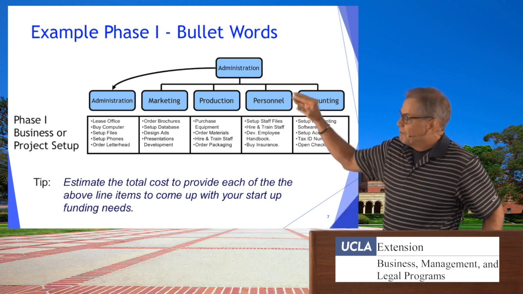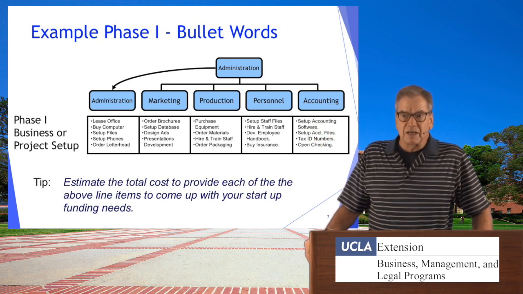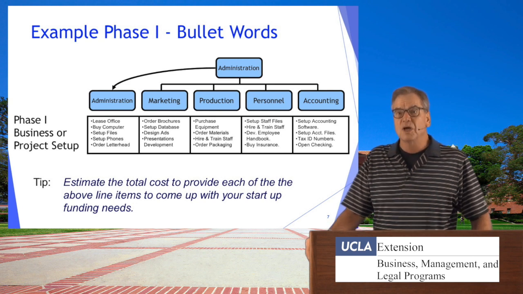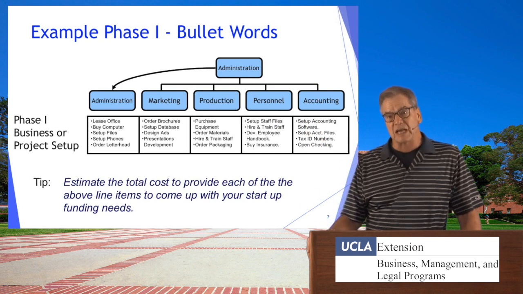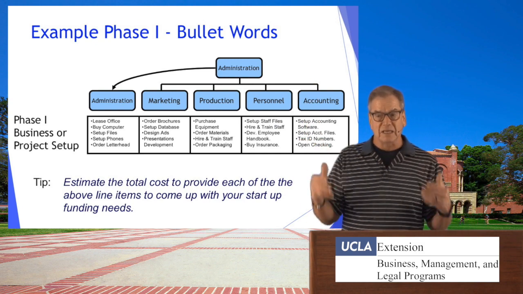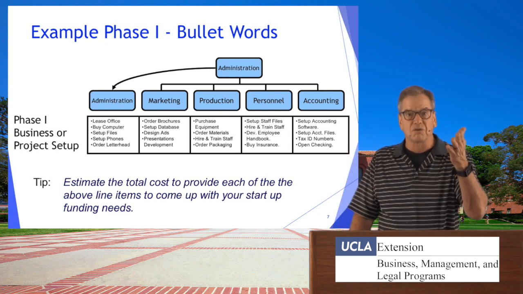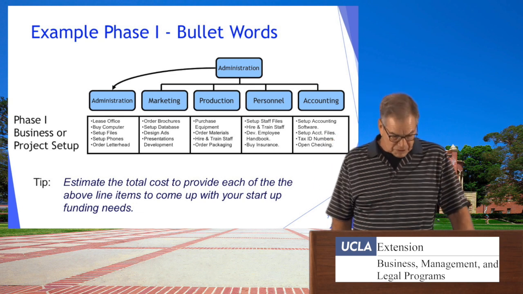So every little bullet word we put in these boxes symbolizes a minimum amount of work we have to do to assemble each functional division of labor as an organ within a living body to fulfill its functional requirements to launch the business into the marketplace.